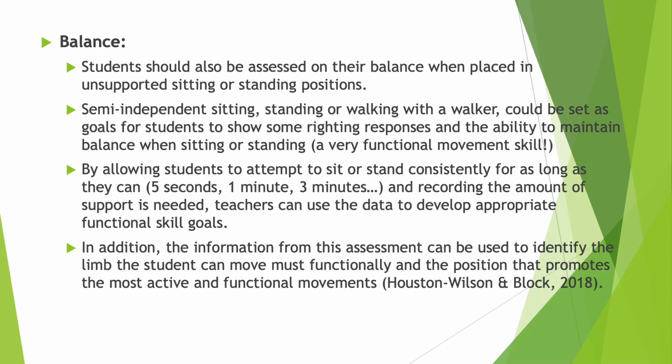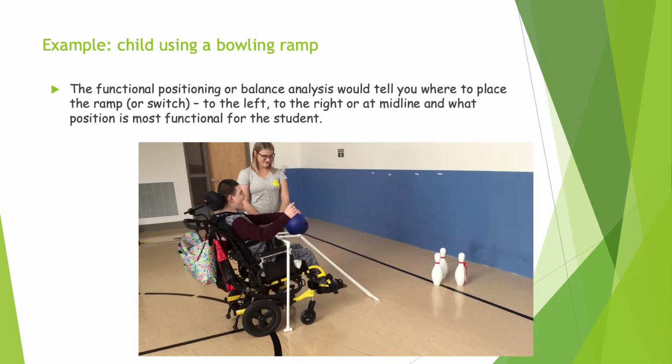Okay, so information obtained from this assessment can then be used to identify the limb the student can move most functionally and the position that promotes the most active and functional movements. And here's an example of our friend here, and that's actually a colleague of mine. Her name is Christine. She's an adapted PE teacher as well.